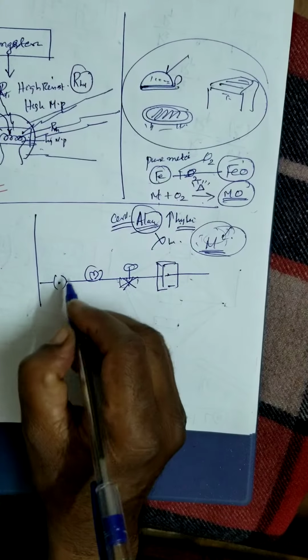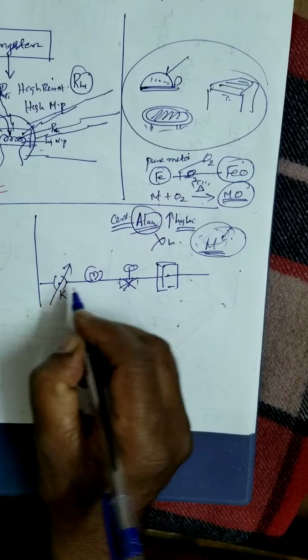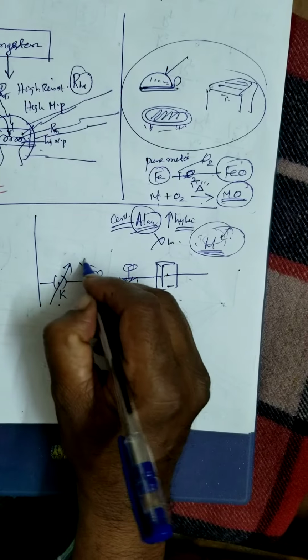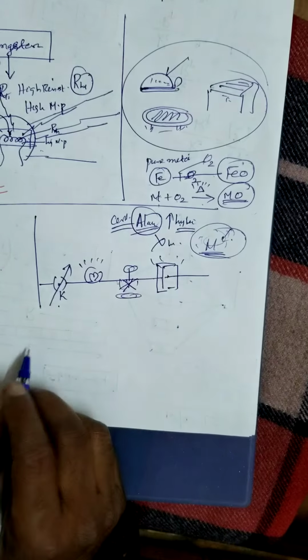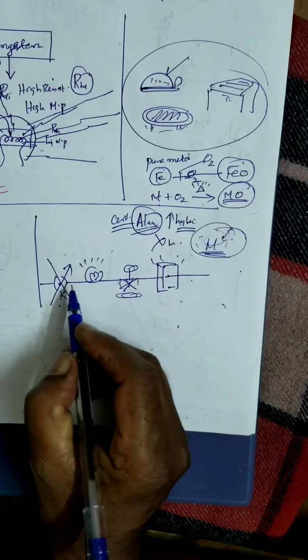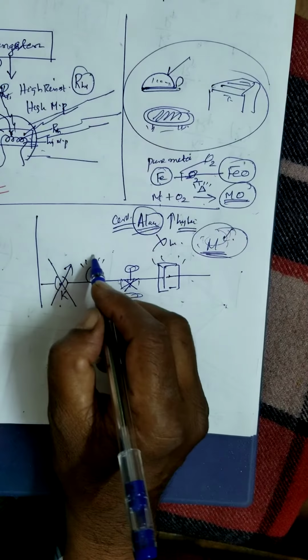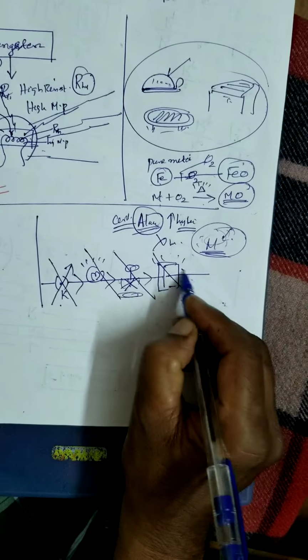Now, if you have one switch and I close the circuit, the bulb will burn, the fan will start rotating and the fridge will start working. If I break the circuit, everything will stop working.